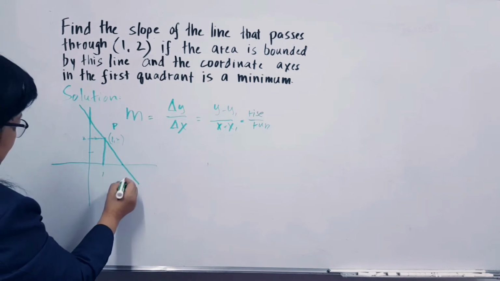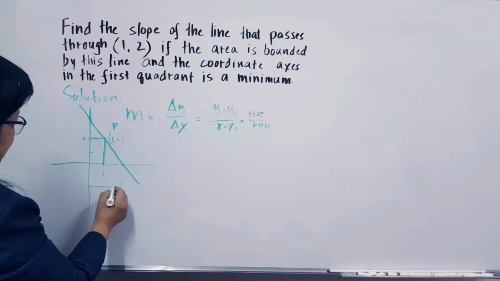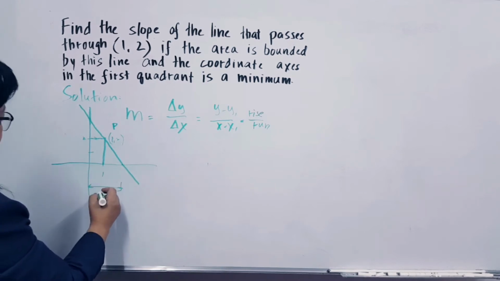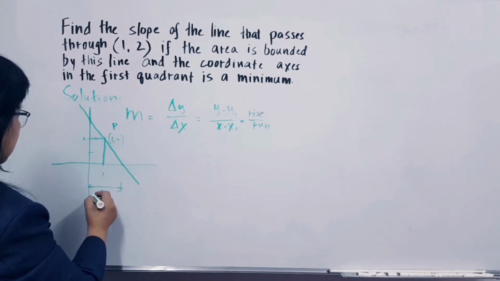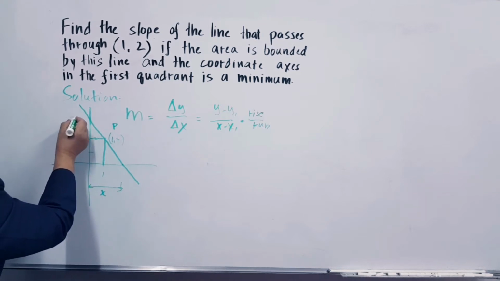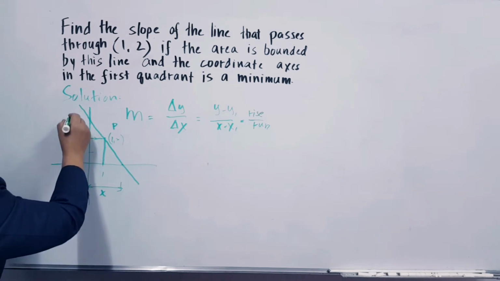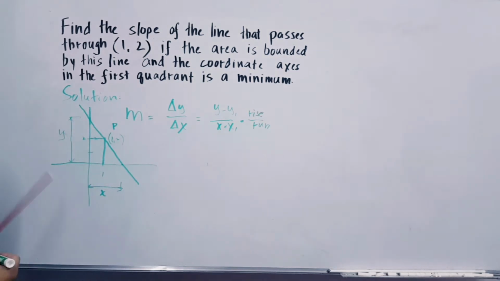So here, the distance from this one to this one, we can call it x. And from this one to here, we can call it y.